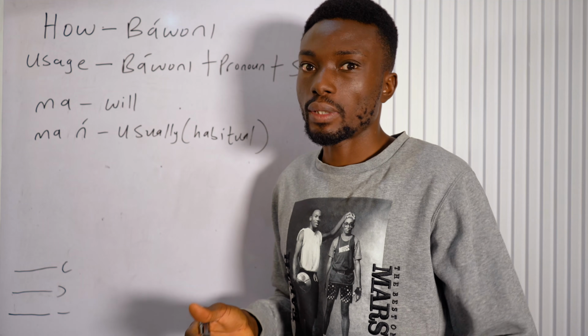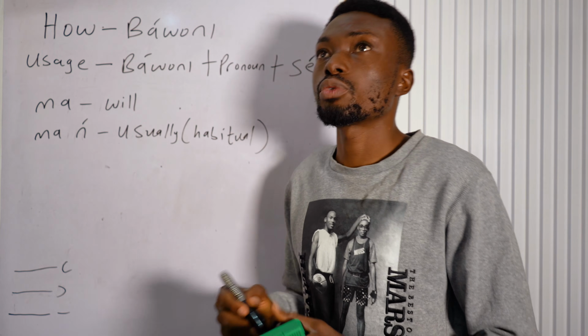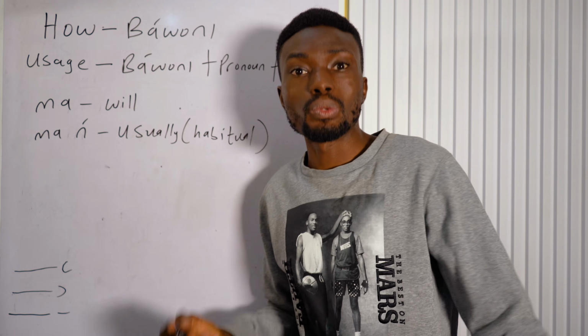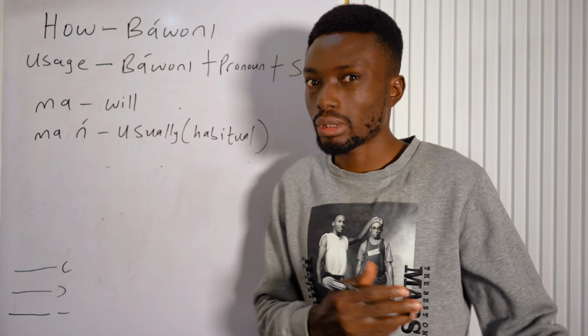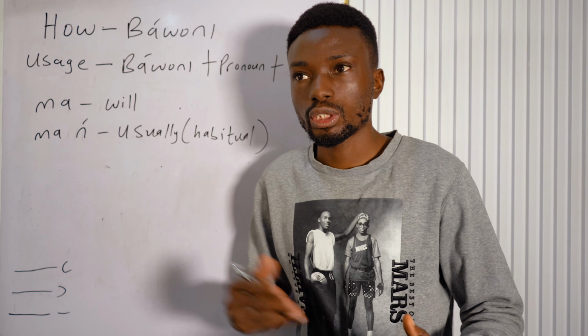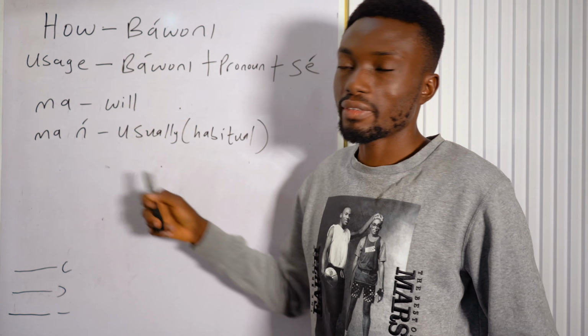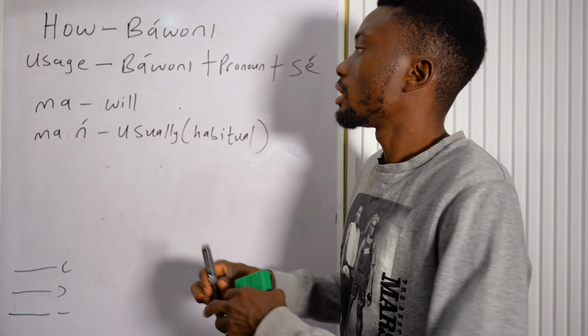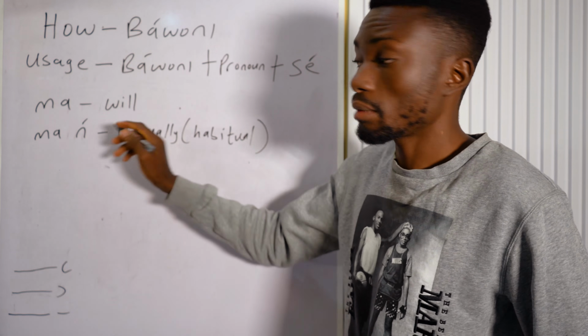How do you usually wear clothes? How do you usually, most of the time, cook? I'm not really asking a question of a one-time occurrence. I'm asking a question of habits. So, habitual.